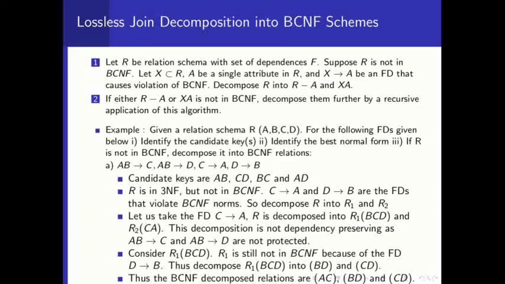Therefore, the decomposition into AC, BD and CD is all in BCNF. This is the decomposition of a relation schema into BCNF, and this is the algorithm for decomposition to BCNF.